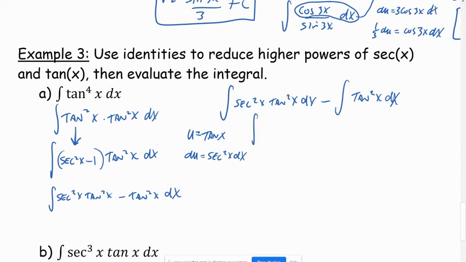And so then this is the integral of, so secant squared x dx gets replaced by du, and then we just have u squared, so we get u cubed over 3.